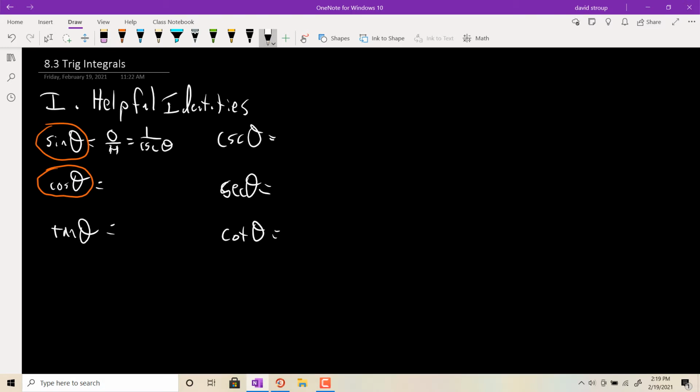Okay, anyways, cosine is adjacent over hypotenuse, which is the same as 1 all over secant theta. And then tan is the ratio of sine and cosine, right?